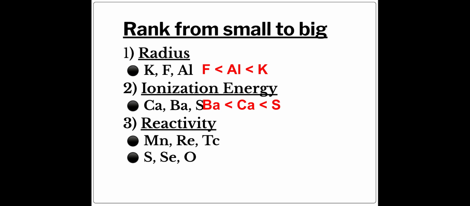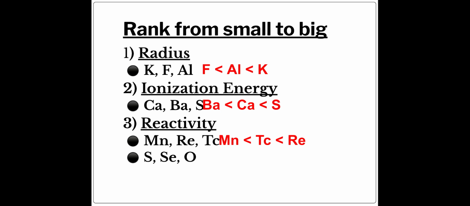So barium is closest to the bottom left, and so that would be the smallest ionization energy. Calcium is higher and more to the right. And then you have sulfur, which is more to the right and also higher. So barium, calcium, and sulfur follow that arrow, that general trend.